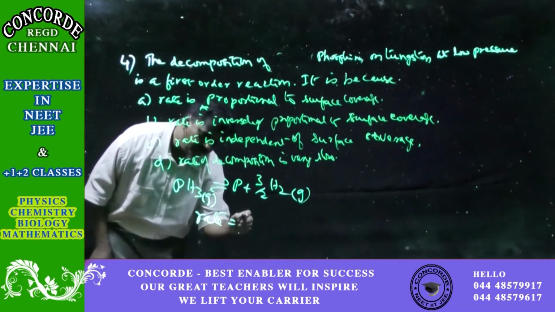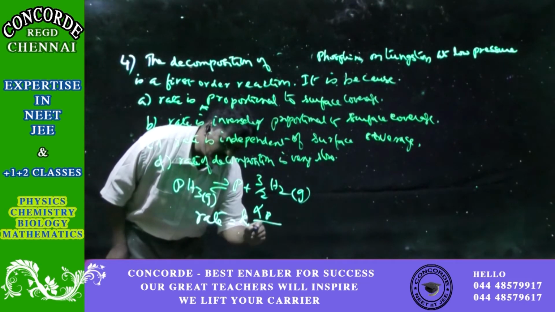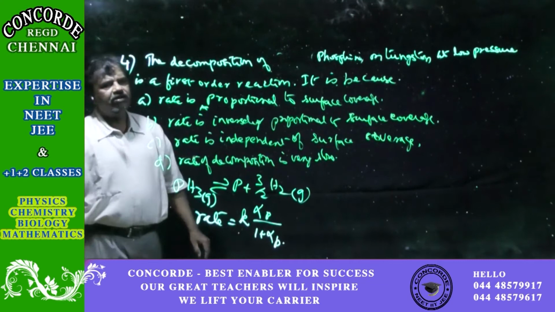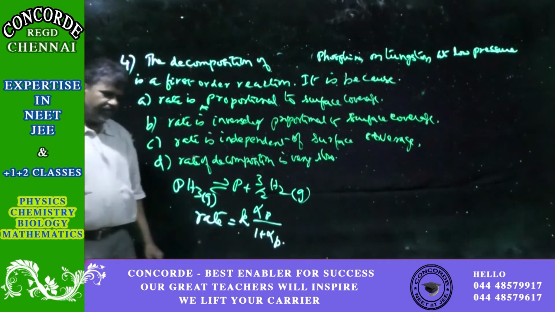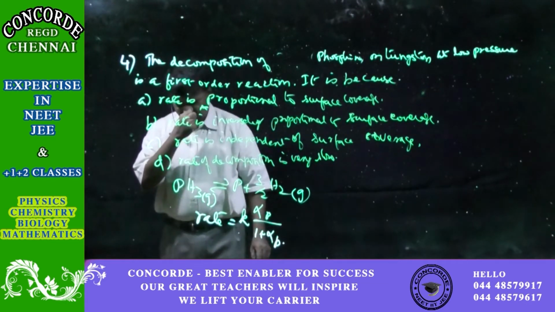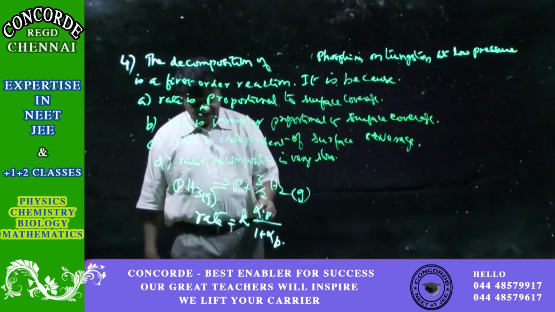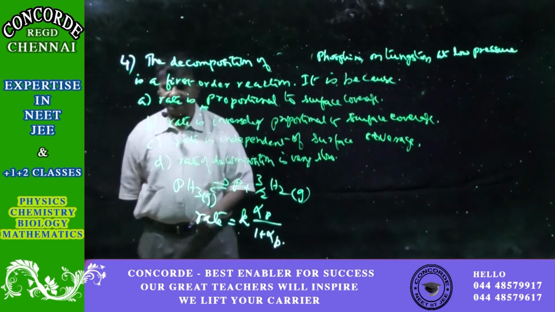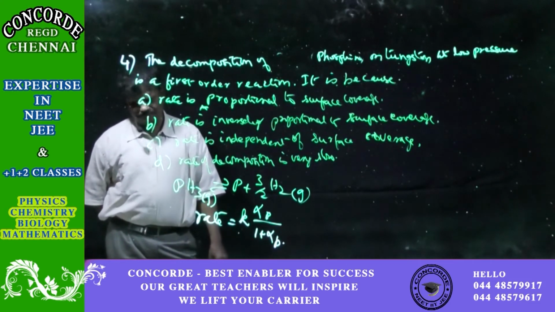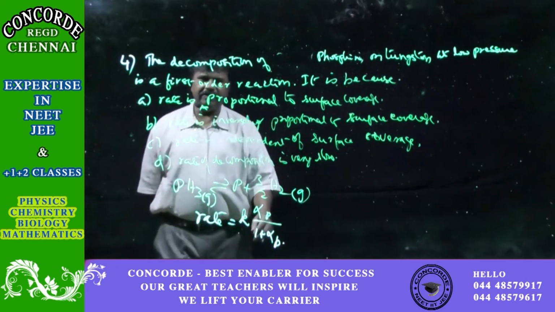Rate is equal to K into alpha P by 1 plus alpha P, where alpha is the degree of dissociation and P is the partial pressure. But the degree of decomposition alpha is very, very low.